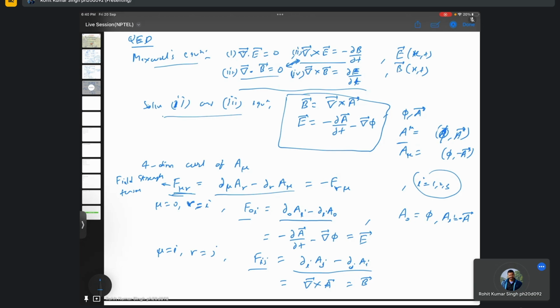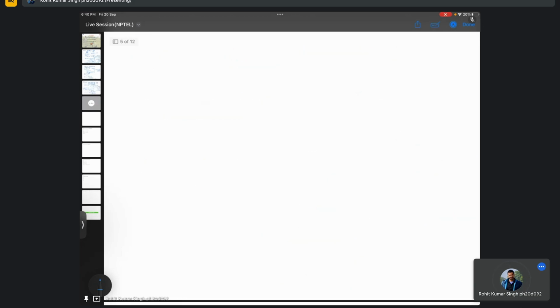Now let's try to take a 4-derivative of this field strength tensor, like this, and put it equal to 0. What does it give? Let's see, for nu equal to 0, what will we have?